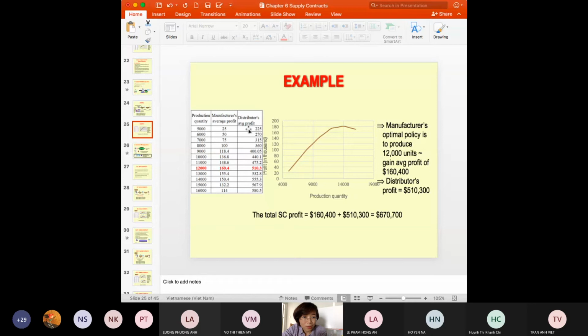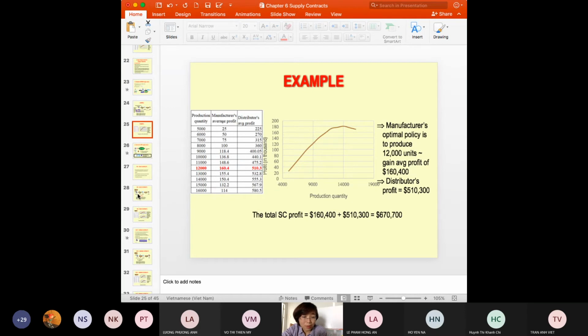The distributor doesn't have any risk. If they sell more, they can get more. But the manufacturer, if they produce over that number, 12,000, the profit is decreased.